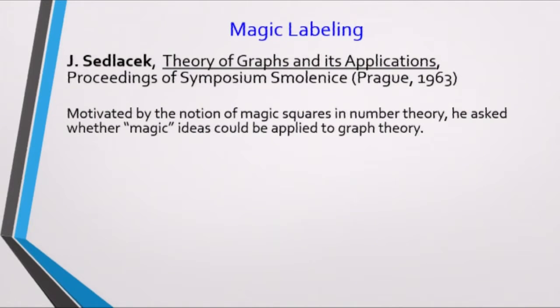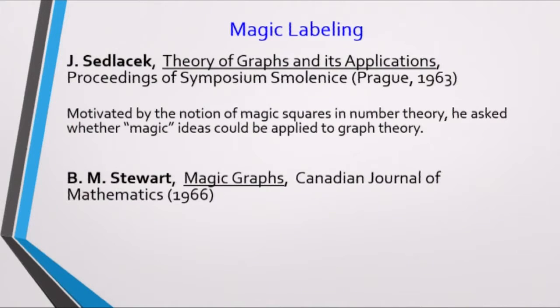In 1963, at a conference, Jiří Sedláček published a paper and asked the question, could the magic idea be applied to graph theory? And some people ask questions. Usually mathematicians tend to answer those questions.